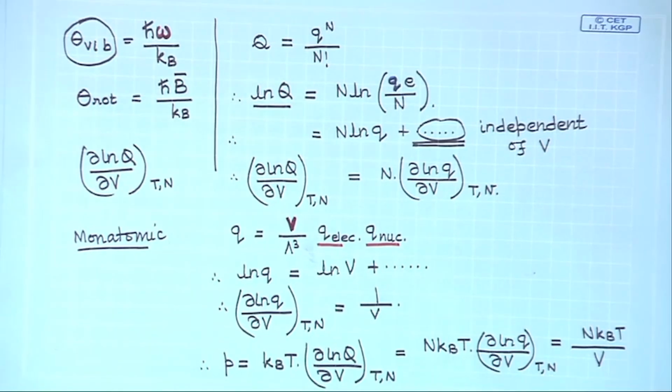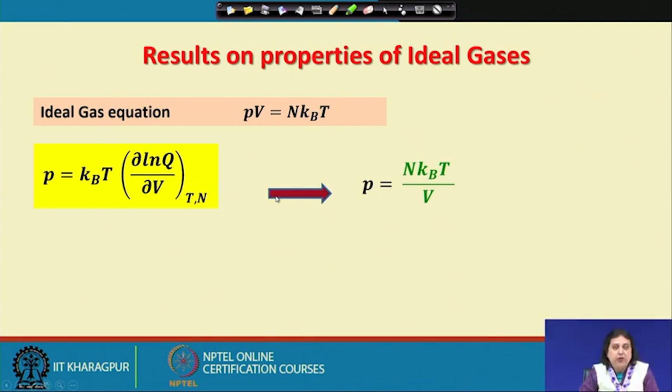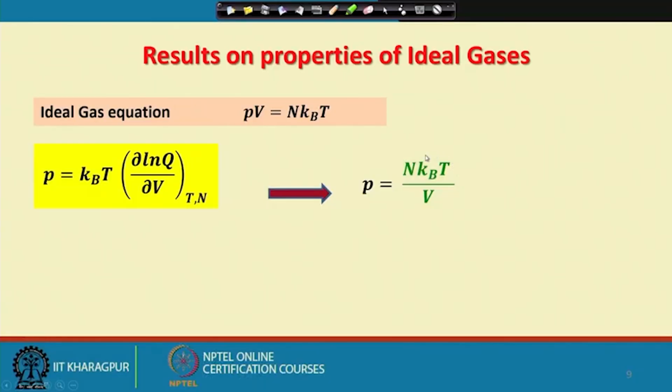So, we have been able to show that if I use this definition of P, it is straightforward to find that the major contribution to pressure comes from the translational part, because in Q trans you had a direct dependence on V, and that is what gives you this kind of term that is nothing but the ideal gas equation.